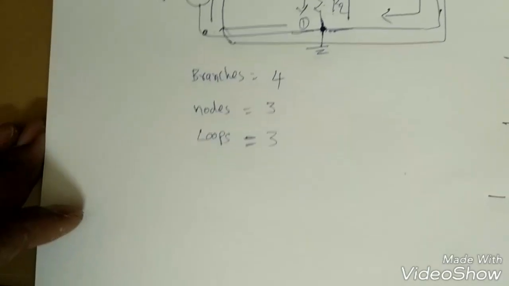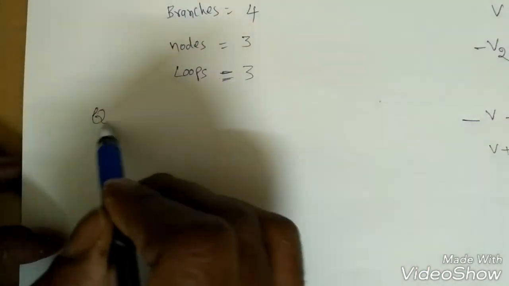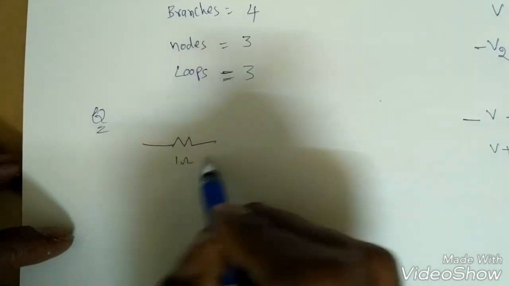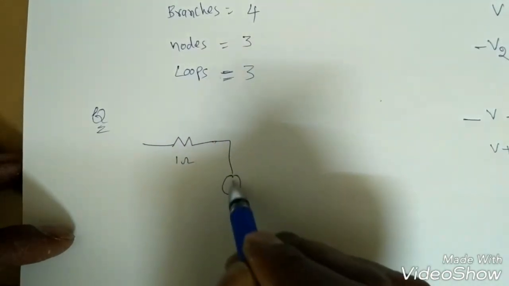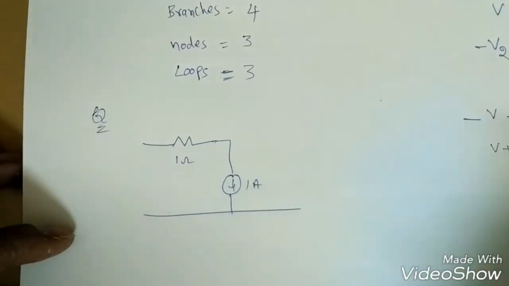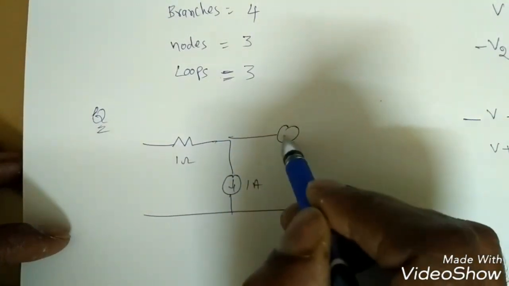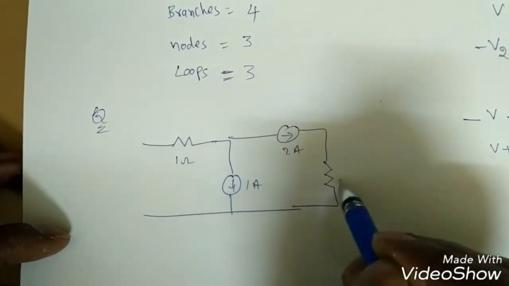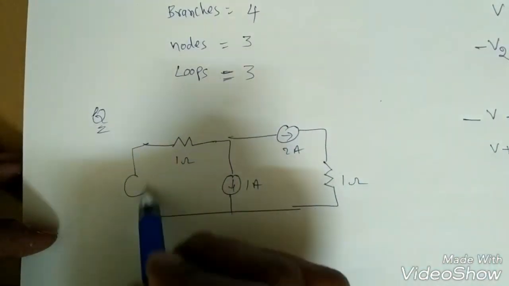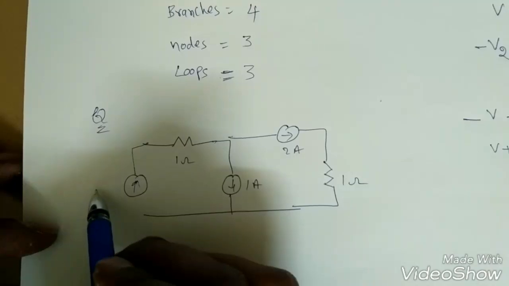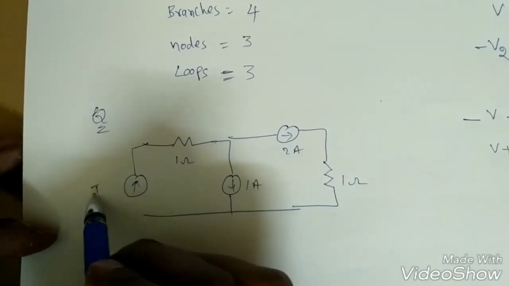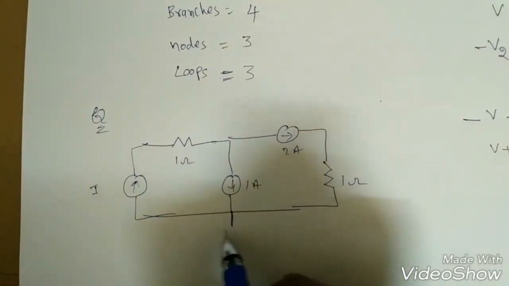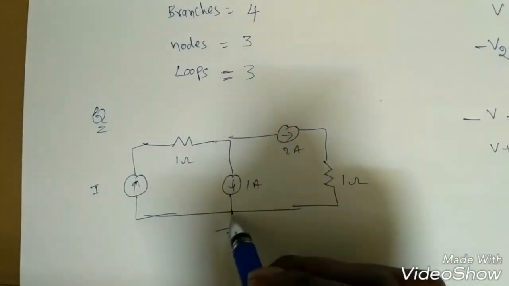So we can also give one example using KCL. Suppose some circuit is like this, 1 ohm, and there is a 1 ampere current, right? And this is some 2 ampere current, and a resistor is there, 1 ohm, and this is some capital I, right? And always remember, again we need to give a reference direction.